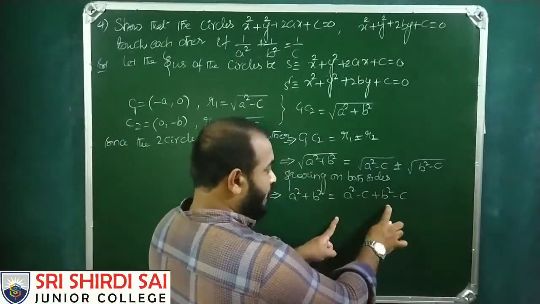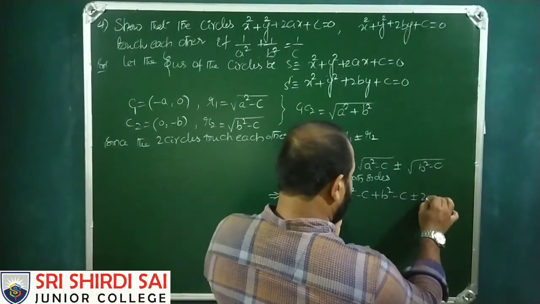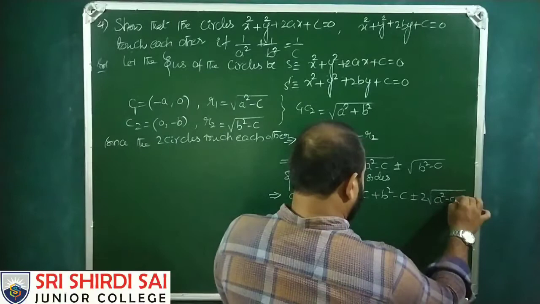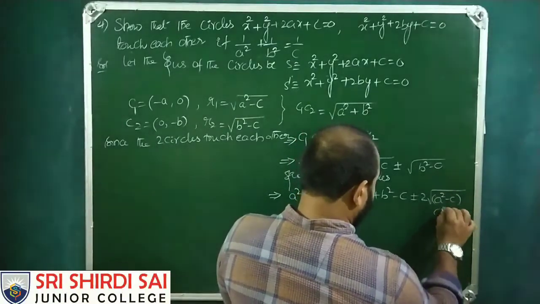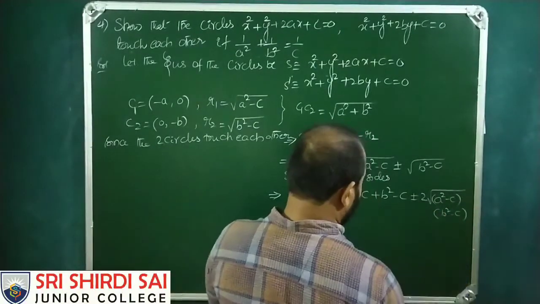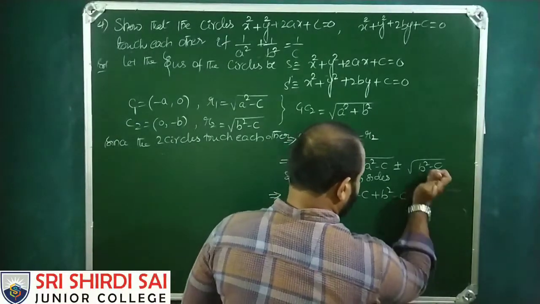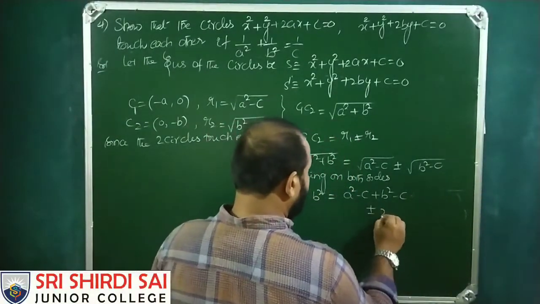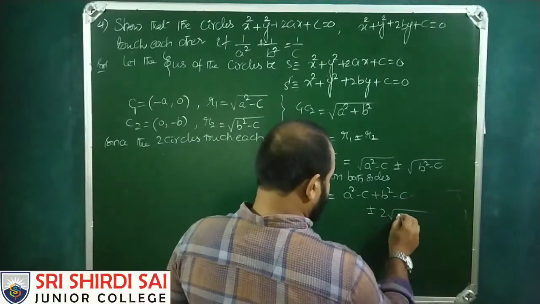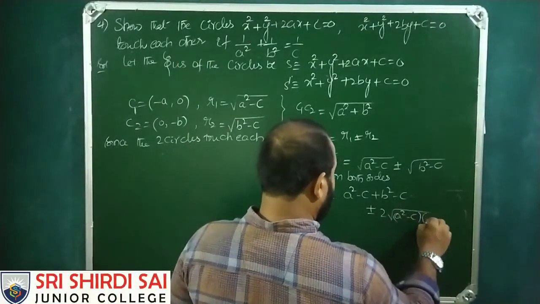So a square plus b square plus or minus 2 root of a square minus c into b square minus c under root.